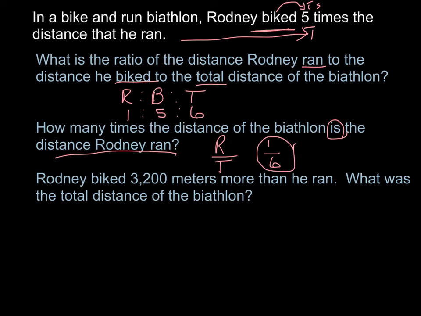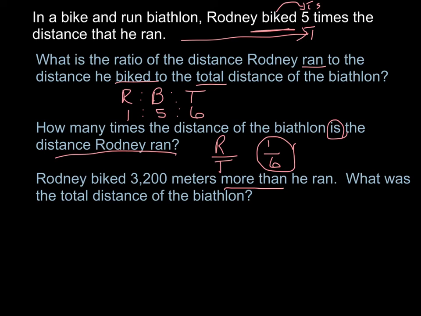For the last question, I have these odd words more than, and so it's going to be hard to do that by setting up my ratio, but my pictures might work pretty well. So he biked 3,200 meters more than he ran, and I want to know the total distance of the biathlon.